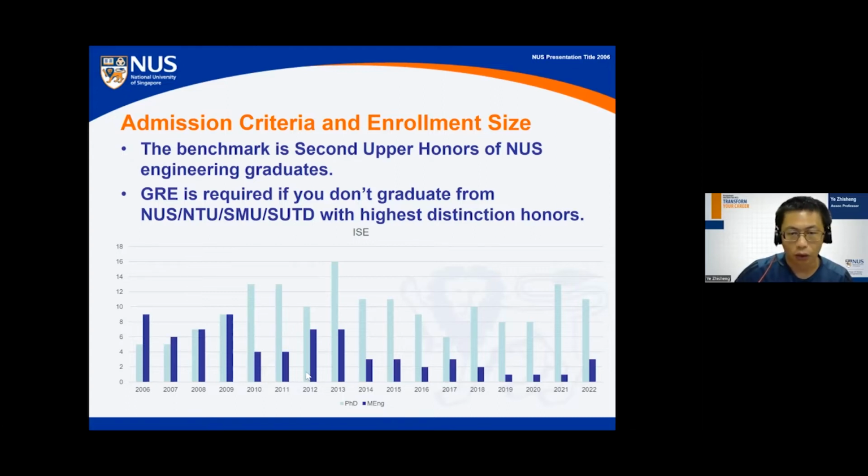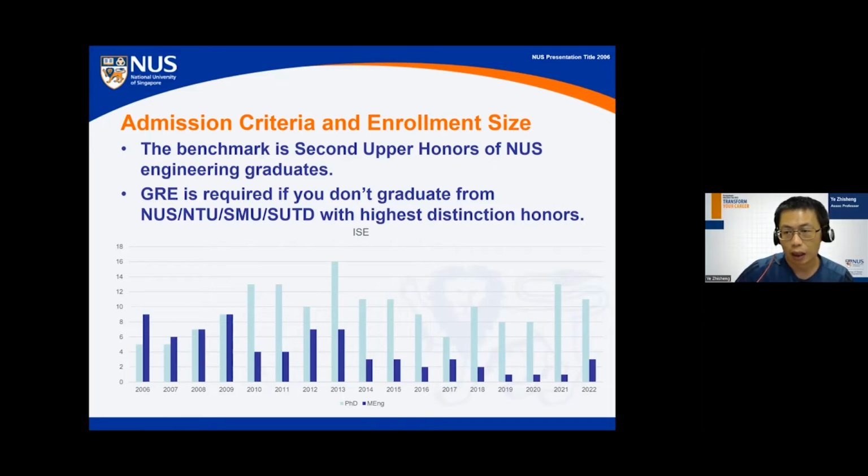The data shows that our program is a small program. We don't have too many students graduating every year. In previous years we had quite a number of MEng students, because in the old days, like 10 or 15 years ago, we still provided scholarships for MEng, but now we don't provide scholarships for MEng anymore, according to my understanding.